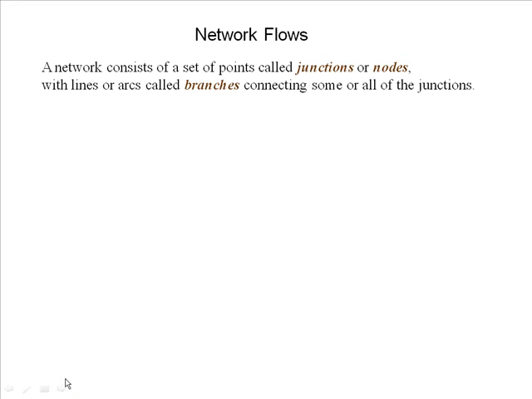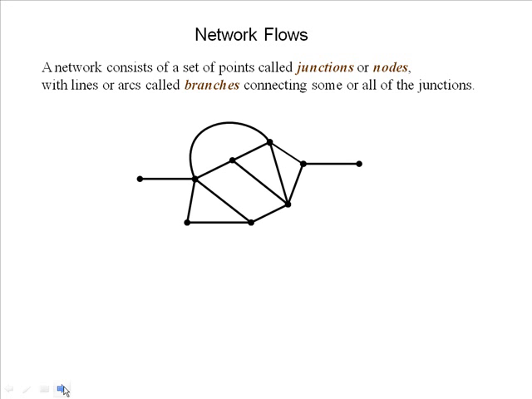Now let's look at one last example of an application, and we're going to look at network flows. A network consists of a set of points called junctions or nodes, with lines or arcs called branches connecting some or all of the junctions. And so here we see a network.